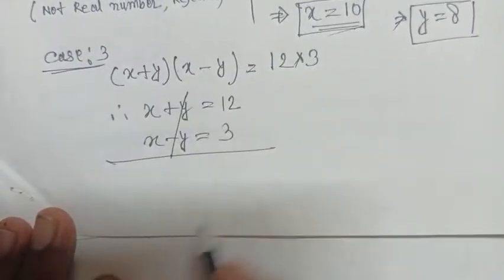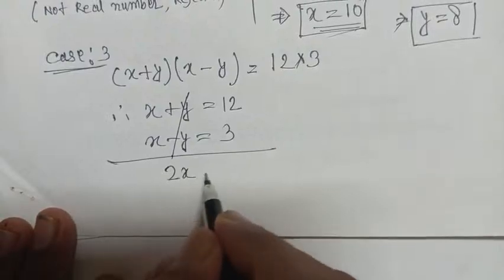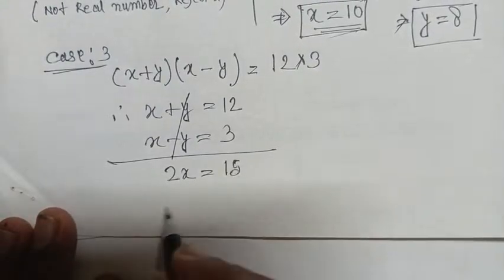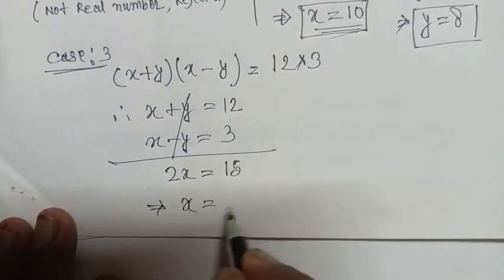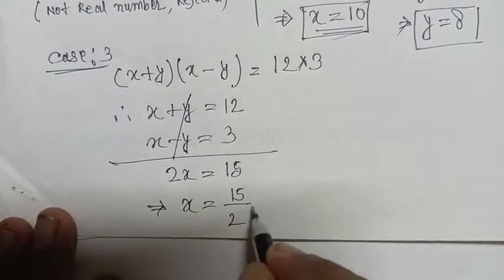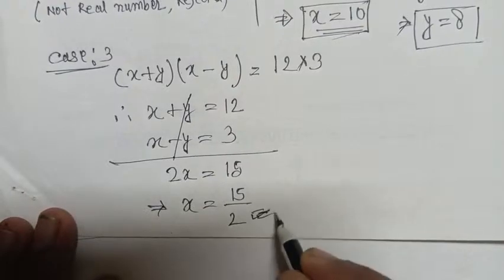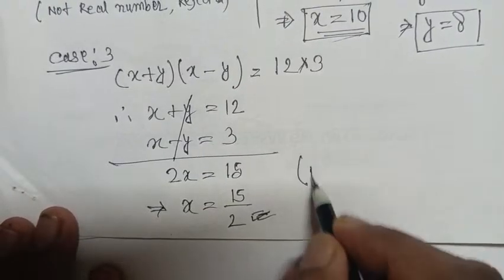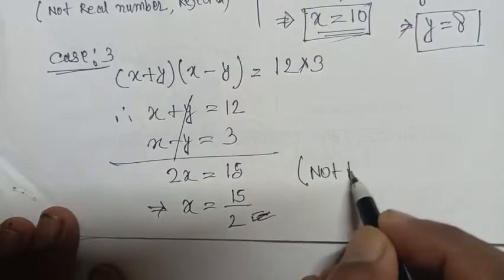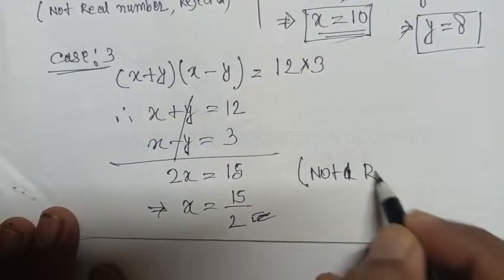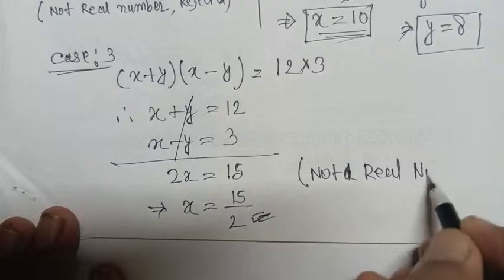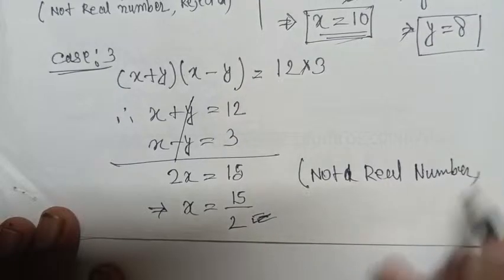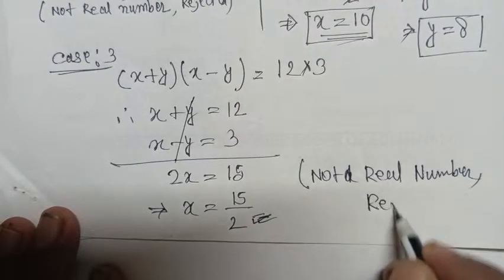If we add, this will cancel out. We get 2x is equal to 15. Therefore x is equal to 15 by 2. Now this is a fractional number. This is not a real number. So it will also be rejected.